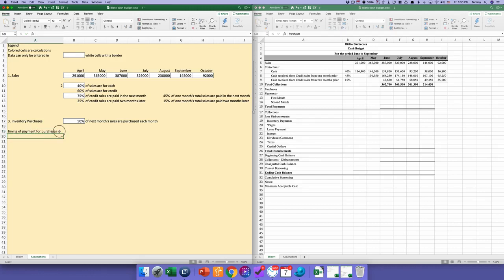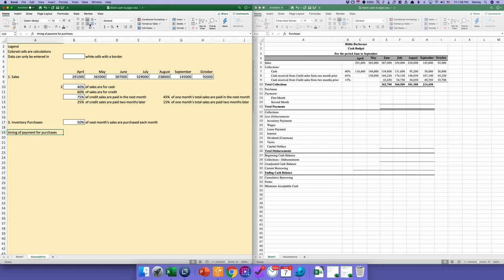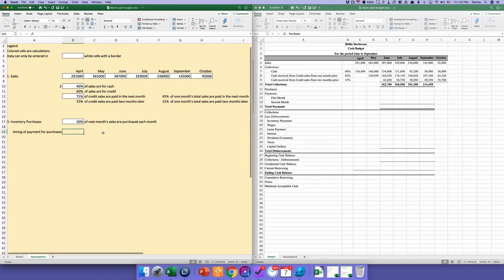Okay, so this is going to be similar but not identical to the way that we set up our collections schedule. So the timing for our payment for purchases, so 60% of purchases. And once again, it's important to leave that alone so that we can calculate off of it. So purchases are paid in the following month.